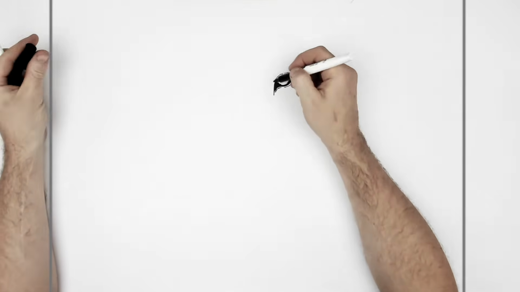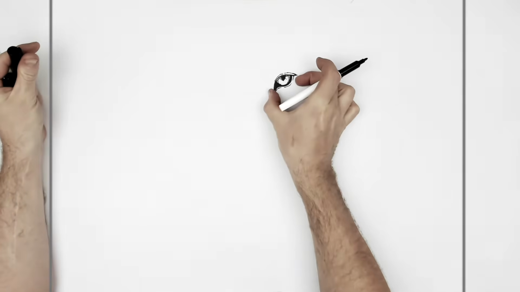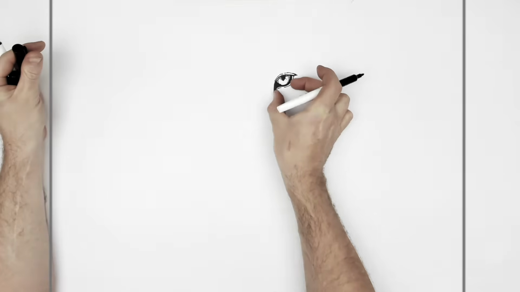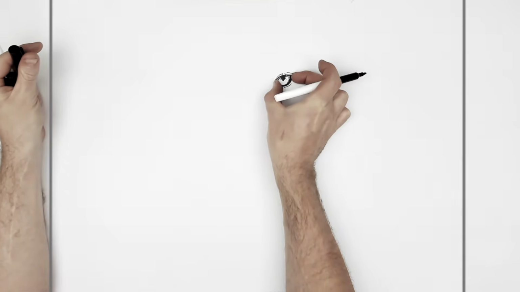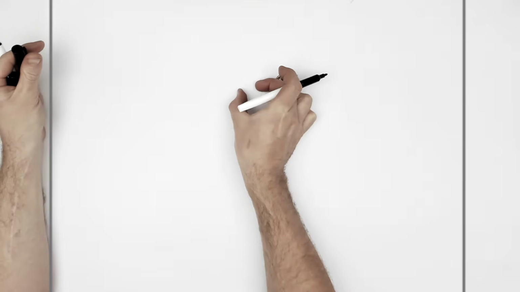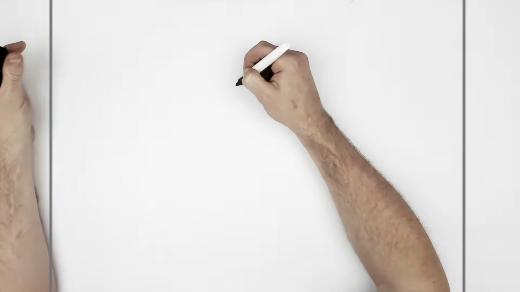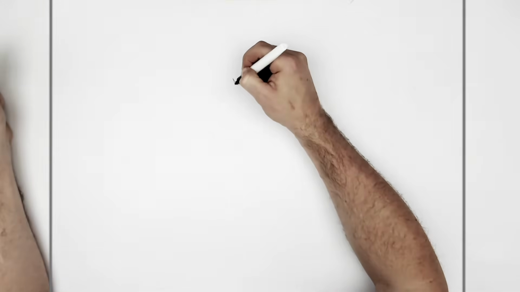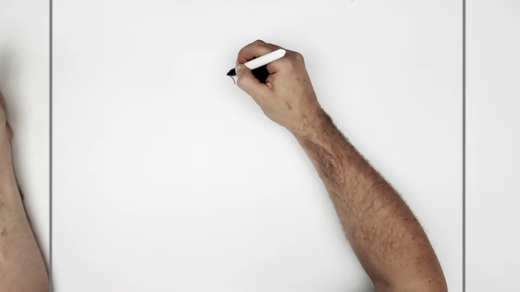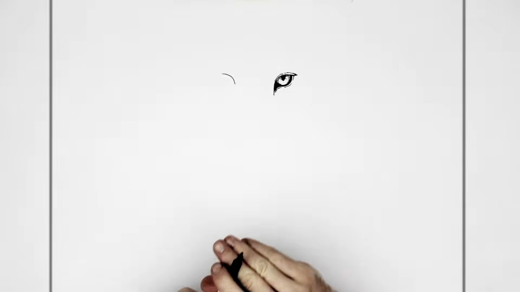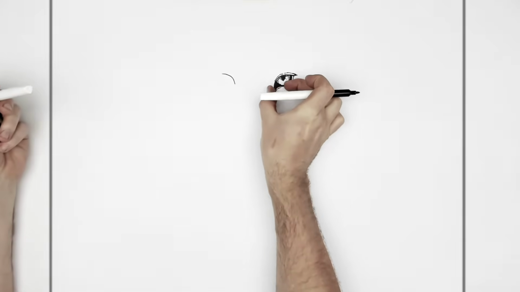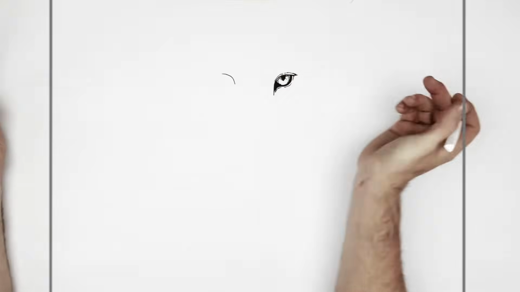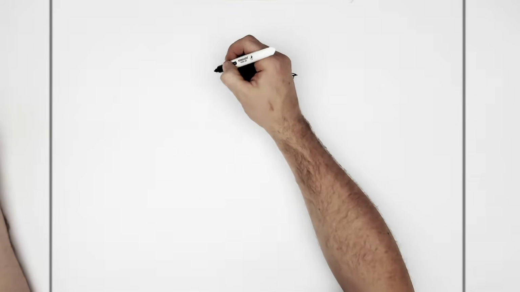So cat's eyes are quite far apart. It's like two eyes across. So say the width of the eye, once, twice, and then the next eye will start here. Right? So it's pretty much two eyes distance between them.